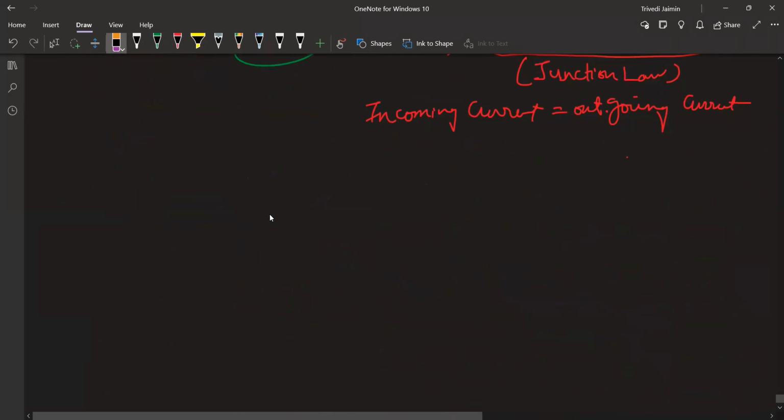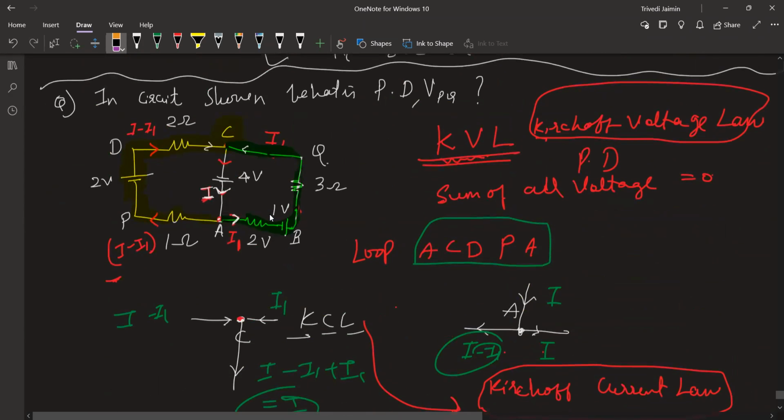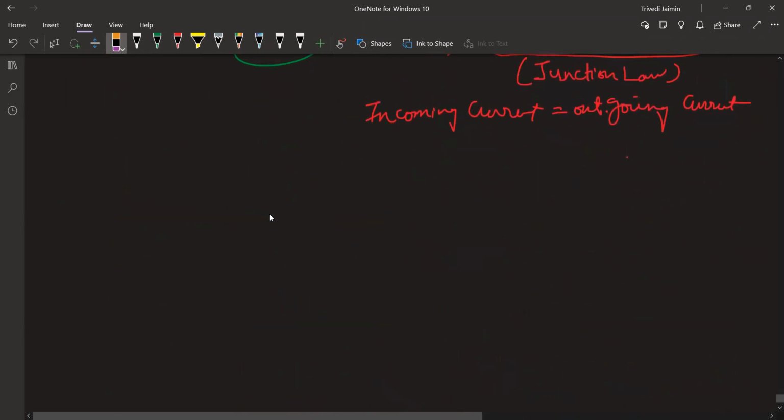Okay then, let's solve this question now. What was the battery here? Let me draw again.